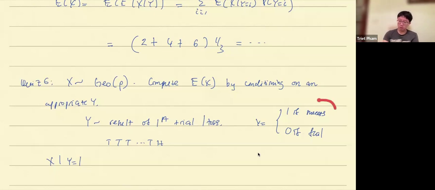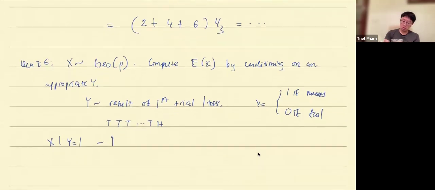Well, if the first trial is a success, then the number of trials to get to the first success is just 1, right? Identically 1. On the other hand, if the first trial is a failure, then what? What's the distribution?